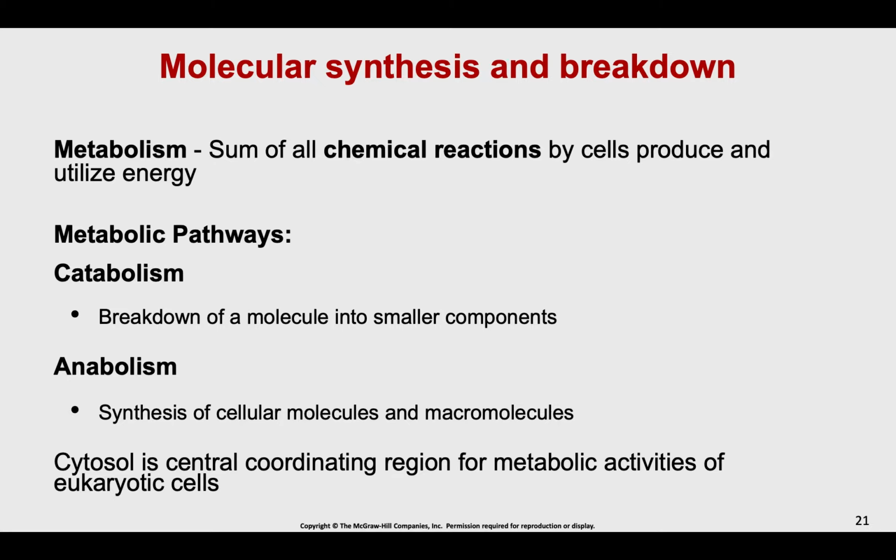Catabolism is basically a breakdown of a molecule into smaller components. Maybe we need to utilize stored energy. We need to break those large polymers down into units that we can use for energy. It might be breaking down components so we can use them as building blocks for other molecules.